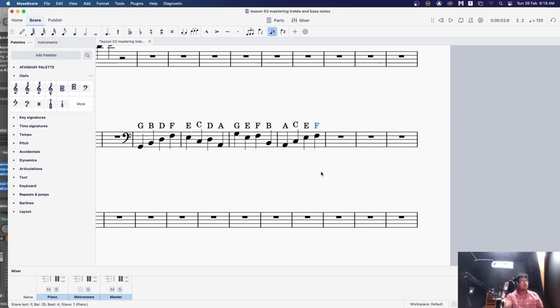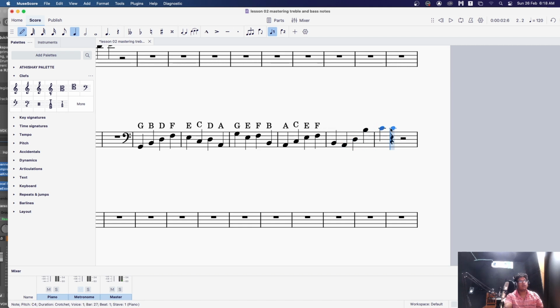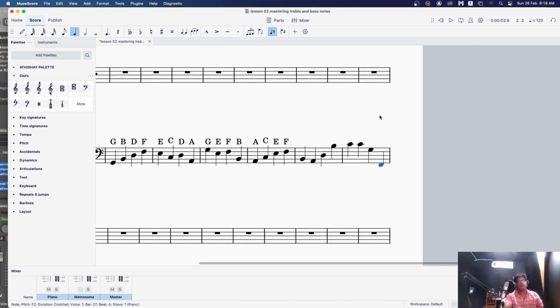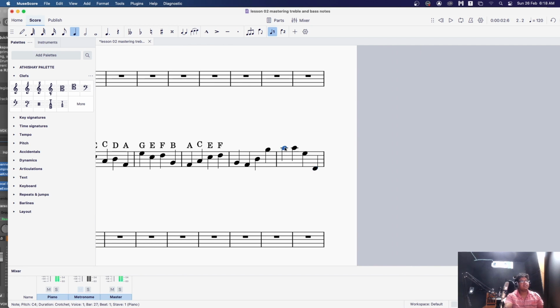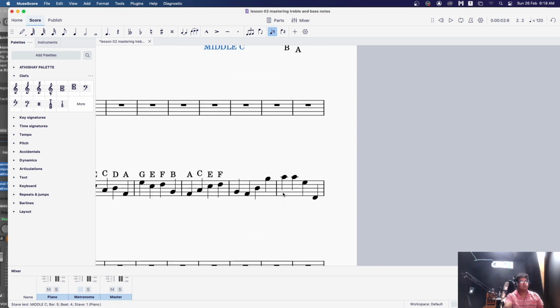Okay, in bass clef, this is the middle C.